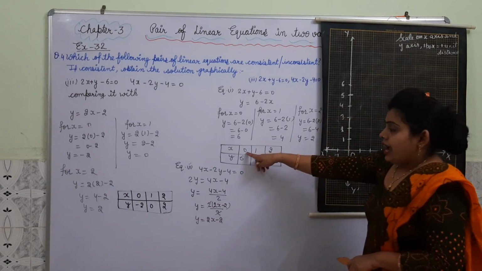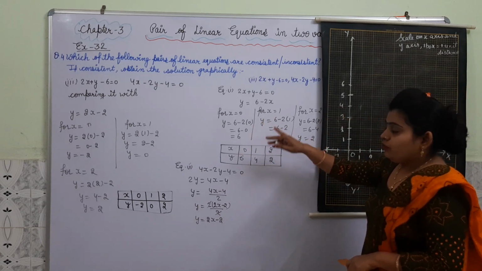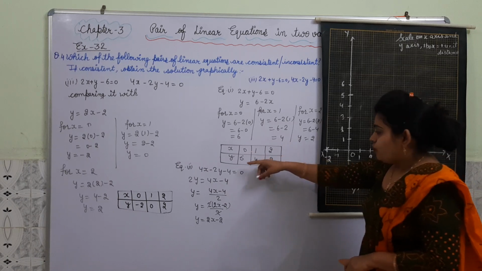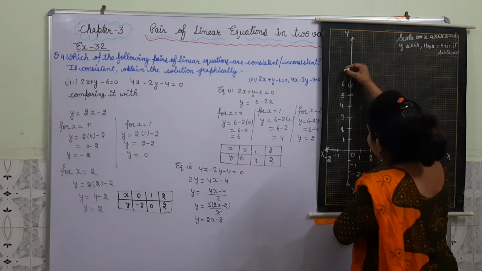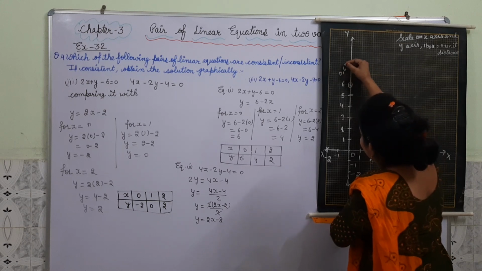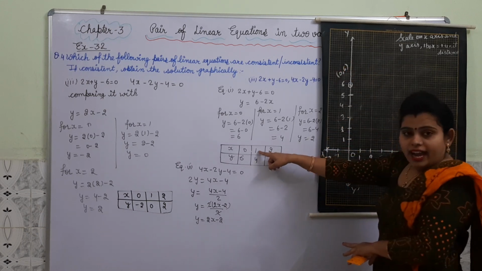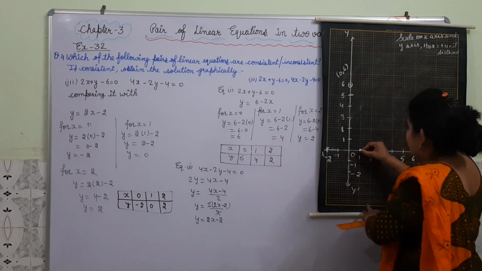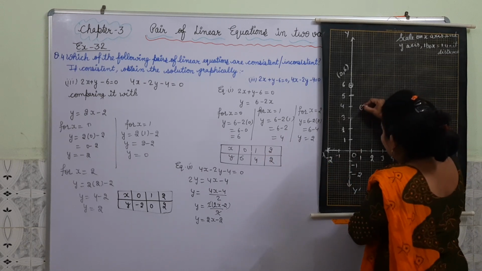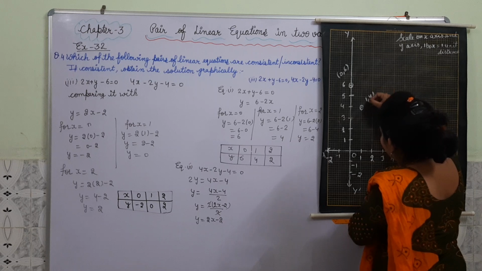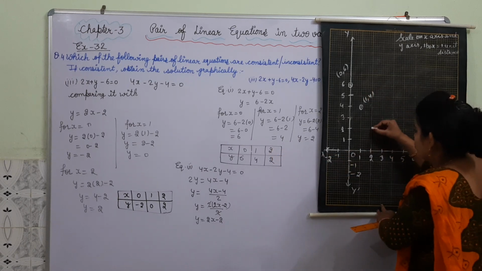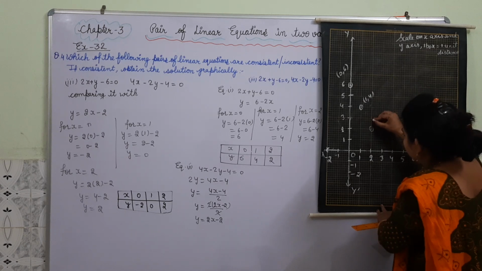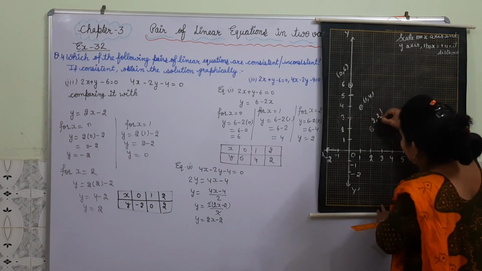Now x is 0, I am representing the first equation. x is 0, y is 6, 0, 6. Right here 0, 6. X is equal to 1, y is 4. 1, 4. x is 2, y is 2. 2, 2.